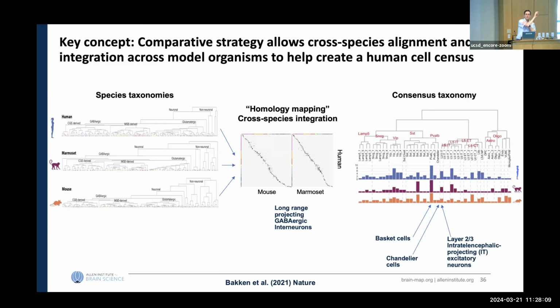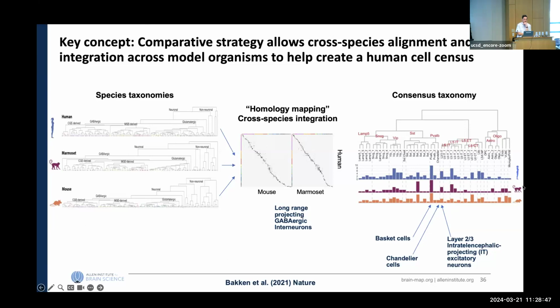We have such a taxonomy for the mouse and for the human, and we align them by showing that they're not necessarily the same genes, but there exist genes which differentiate clusters from clusters. This produces a kind of homology mapping, which you can see here between mouse and human versus marmoset and human. Generally, you can't take this down to the thousands of layer clusters because it becomes noisier and noisier as you go down, but we see a very good alignment between these species down to a pretty good level.